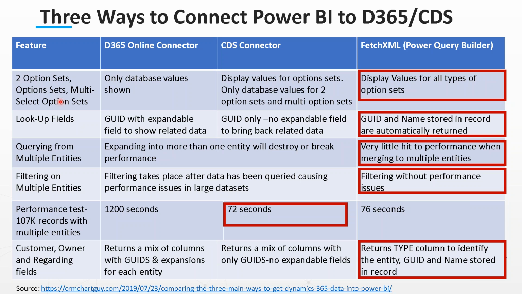And then finally, how these connectors handle some fields in Dynamics 365. I know a lot of you are not super familiar with Dynamics 365, but in Dynamics 365, there are some fields that are, I think, a little bit strange. They point to more than a single table. So if you ever see the field called customer, it points to both accounts and contacts.